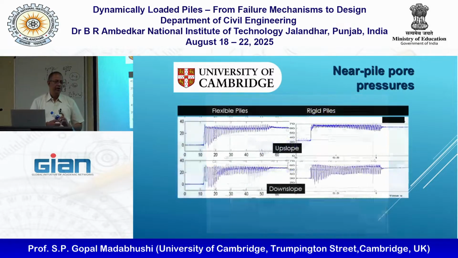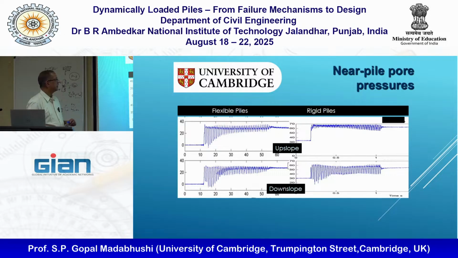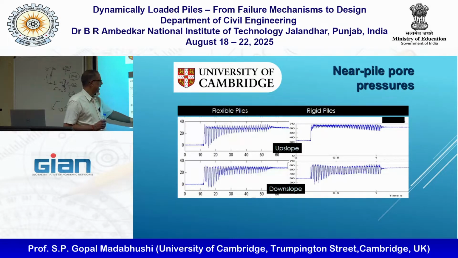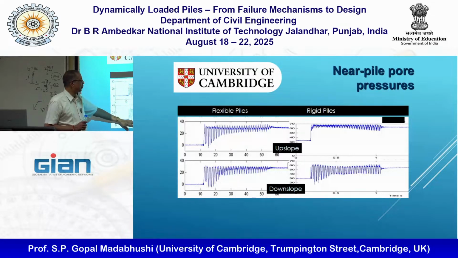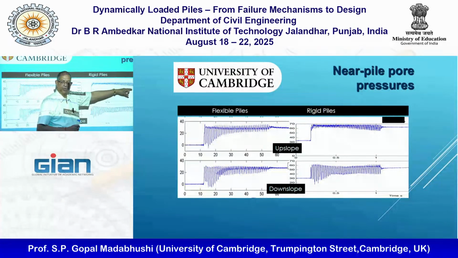So we also did tests with flexible piles, because we can change the blades, and also relatively rigid piles. Again, comparing upslope and downslope. So these are the upslope ones and these are the downslope ones, flexible and rigid. When my pile is rigid, I'm not getting as many oscillations in my pore water pressure upslope.